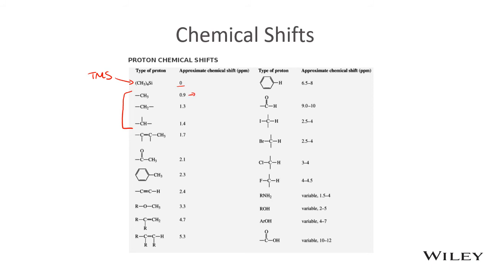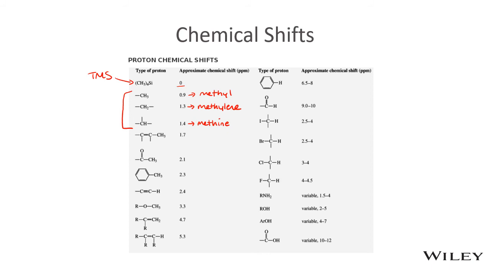So we have a methyl group, which typically comes out at around 0.9 in just a regular alkane. We have our methylene group, or our CH2 group, which typically comes out at around 1.3. And then we have our methine group, or CH, and these typically come out at around 1.4.